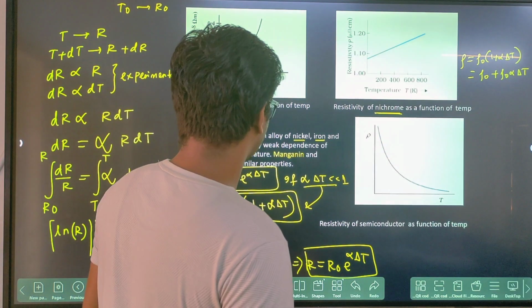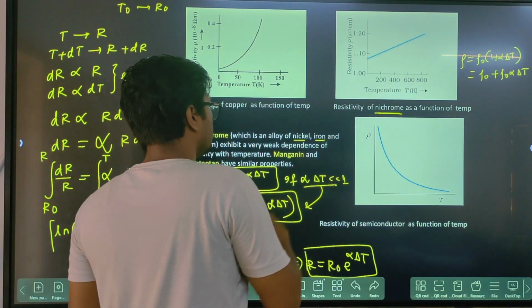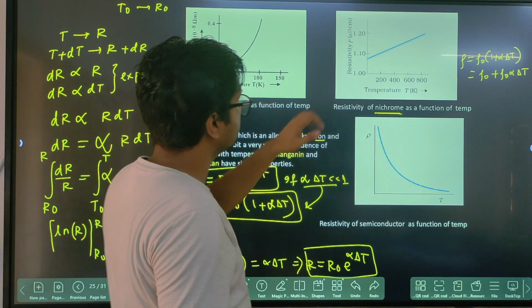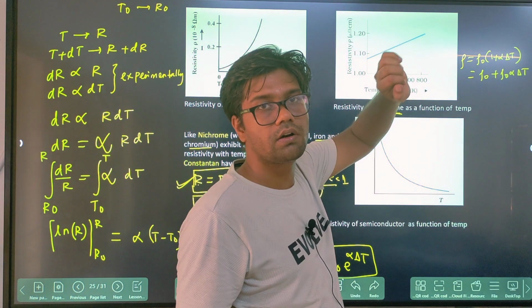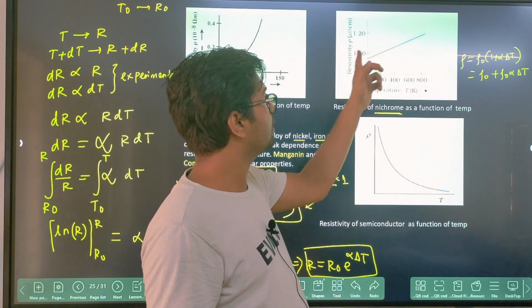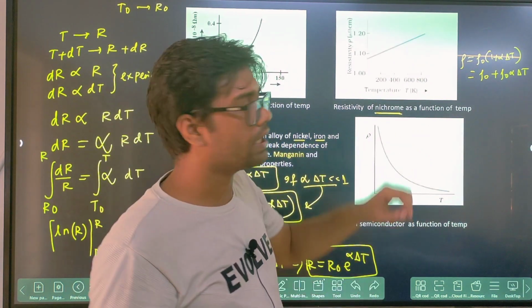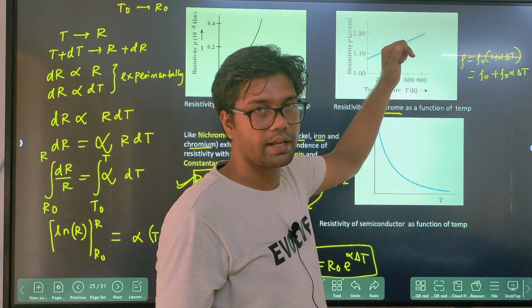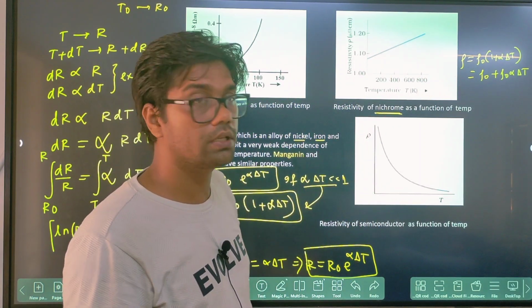Another thing I want to tell here, for this type of material, this nichrome and your manganin and constantan, what is happening here is that the resistivity is not changing with the temperature. The resistivity is almost constant. If you see the slope, there will be a slight change, but it is almost constant, right? There will be no such variation of the resistivity with temperature.